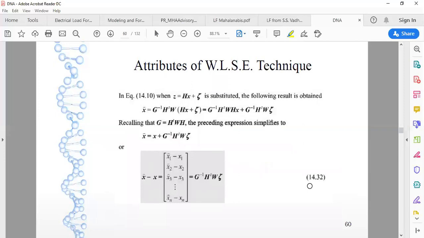Now, as we know, Z is equal to, this is our first equation we have derived, that the measured value is equal to the calculated or true value plus error or noise. So over here, if we substitute this value, then x hat, which is the expected value of x, is equal to G inverse H transpose W. Over here we are substituting the value of Z, it is Hx plus zeta.